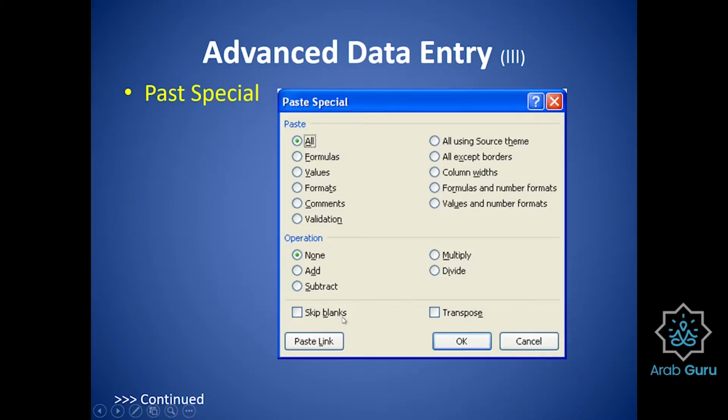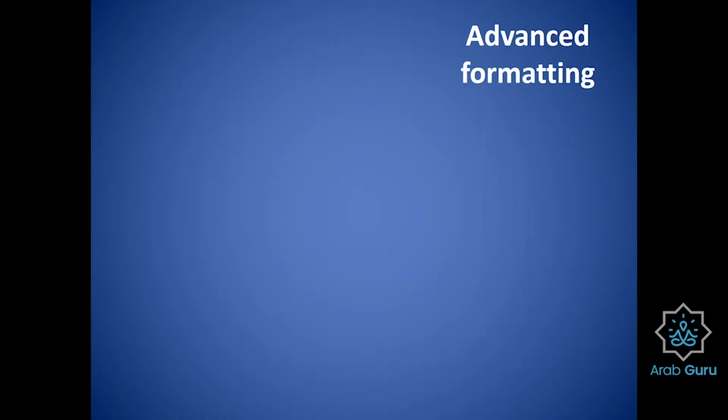That means when we paste a range of values, we skip these blank cells and leave whatever content is found in these positions. And transpose, that means we can copy a column and paste it as a row. Okay. And by this point we have ended our last session.